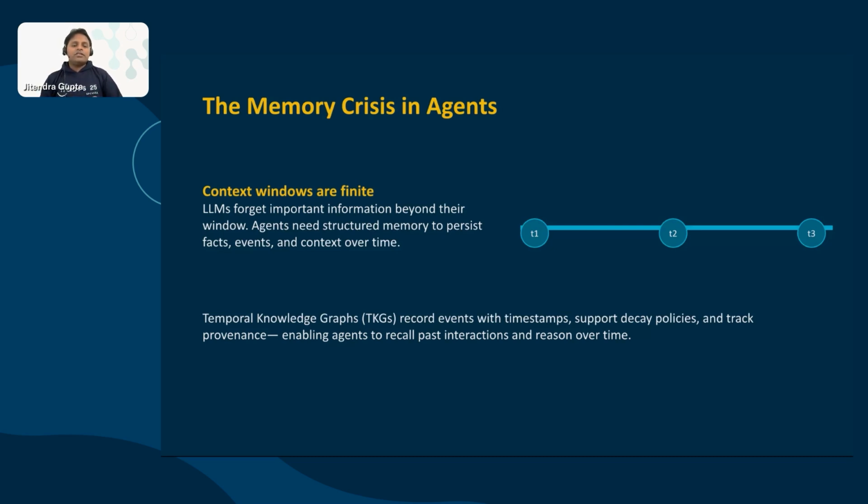So with these knowledge graphs, there are additional capabilities, which is nothing but the TKGs, which is temporal knowledge graphs. What they do is they record all of the events with a timestamp added to it, and they also have decay policies, like if some of the context is no longer needed, it is discarded.